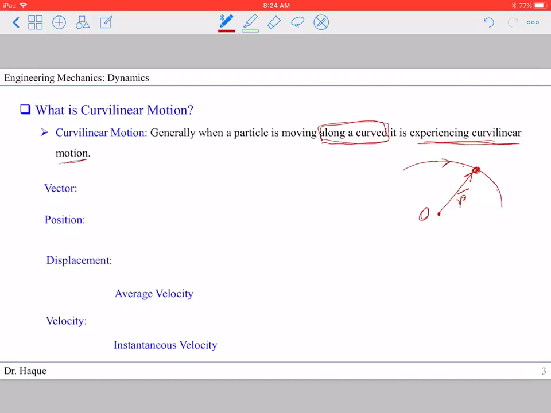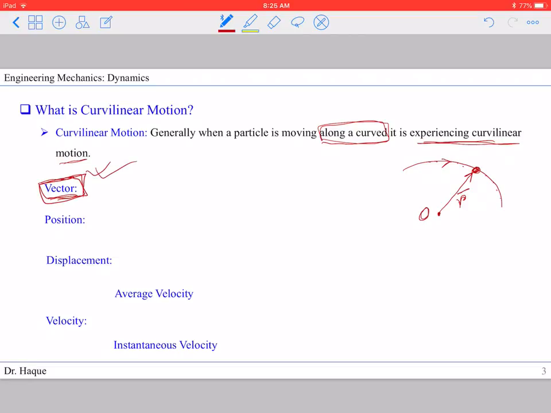So the particle's current position is represented by this R vector that has a magnitude and direction. So in curvilinear motion, we have to present the position, displacement, velocity, or acceleration in vector form.